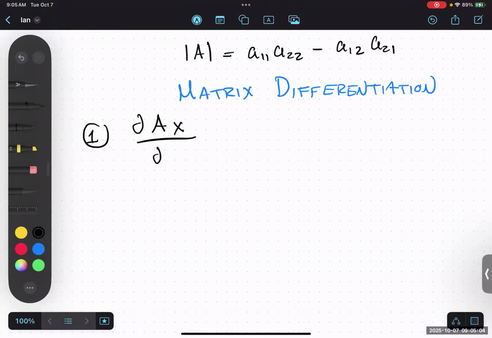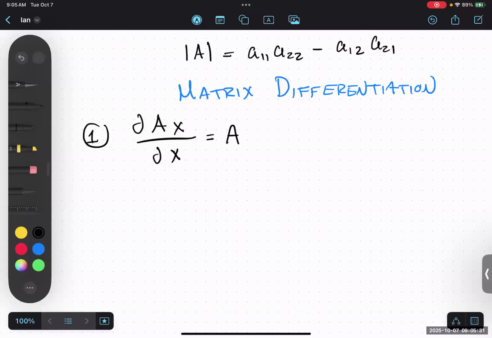definitions of the derivative of the product of a matrix and a vector x when you take the derivative with respect to that vector. And just as you learned in calculus, this is equal to the constant that was multiplying your variable. In this case, we don't have a constant. We have a matrix A that was multiplying the vector x.